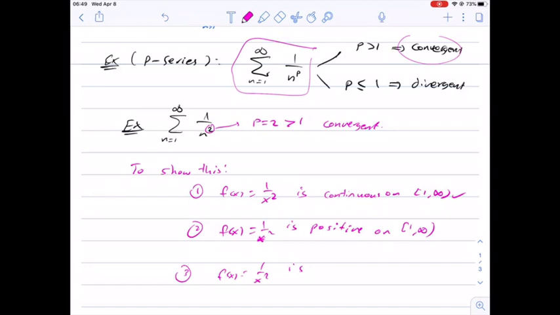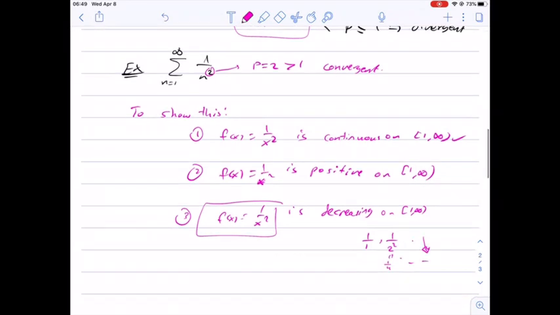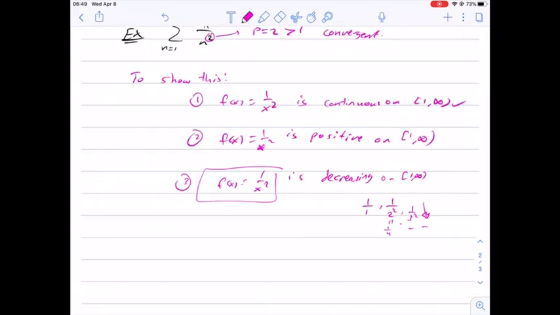Third, f of x is decreasing by just testing some values at x equals 1, x equals 2, x equals 3, or n equals 1, n equals 2, n equals 3, and so on. So this function f of x is decreasing on the interval 1 to infinity, because if we substitute x equals 1, we get 1, and if we substitute x equals 2, we get 1 over 2 squared, which is 1/4, and so on. As we can see, the sequence is decreasing.